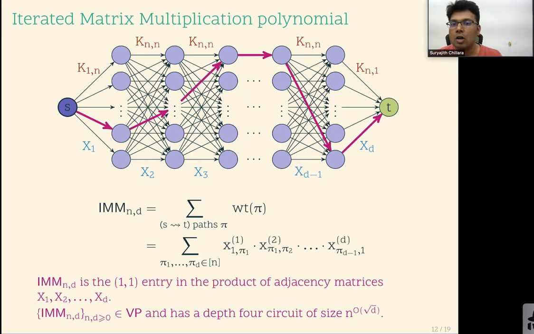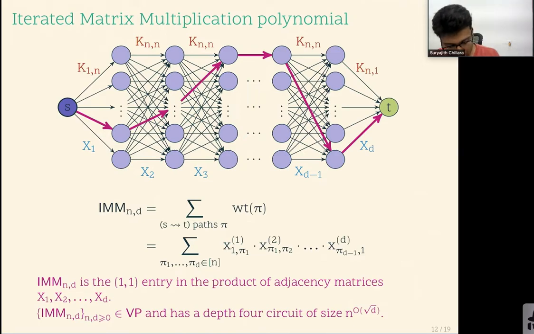That is, all edges are labeled by variables and all these edge labels are distinct. So now the polynomial of interest that we denote by IMM n comma d. So this family is parameterized by n and d, where n denotes the number of nodes in each of these layers and d denotes the number of layers.